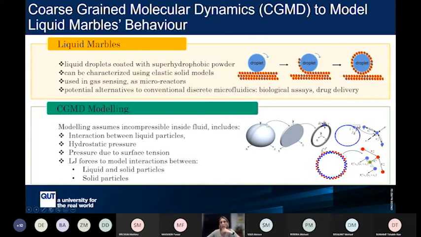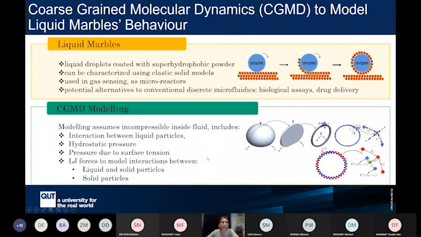What we've done is take a cross-section of this droplet or marble, and we have defined 2 layers of particles: an inside layer of particles to represent the inside liquid, assuming that it is incompressible, and an external layer of particles to represent the coating.